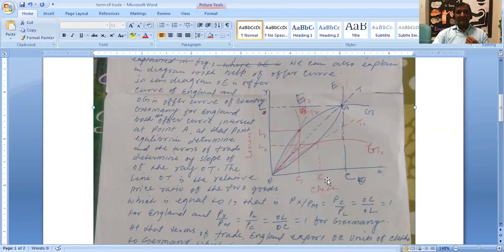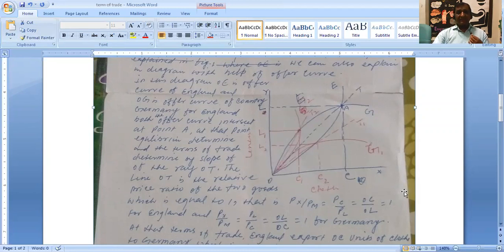For example, if the demand for cloth is inelastic in Germany, then England offers less cloth for more linen, OL1. Then the offer curve moves from OE to OE2.